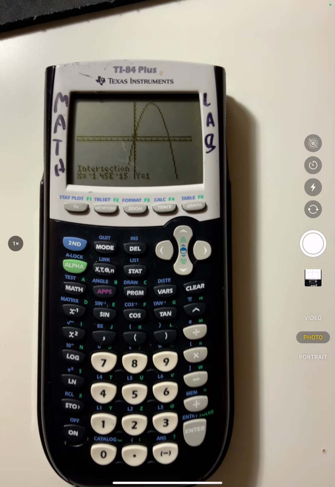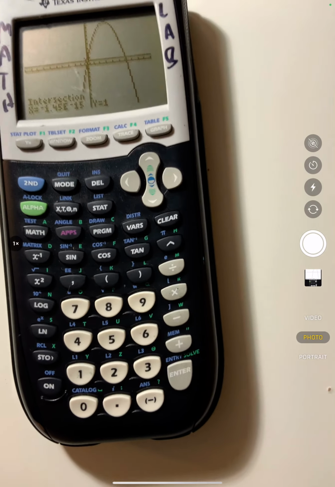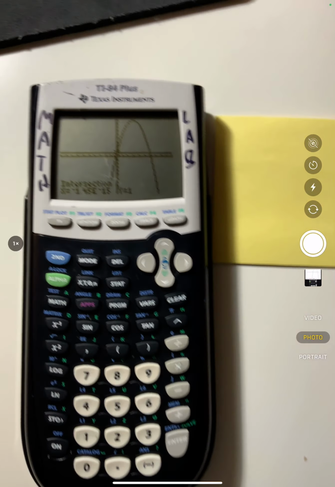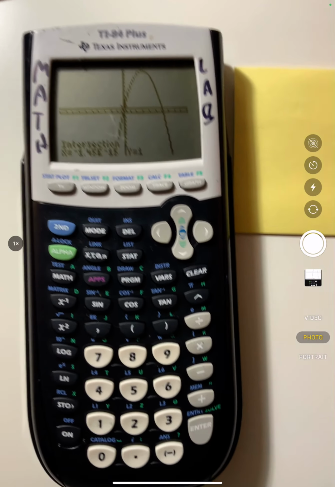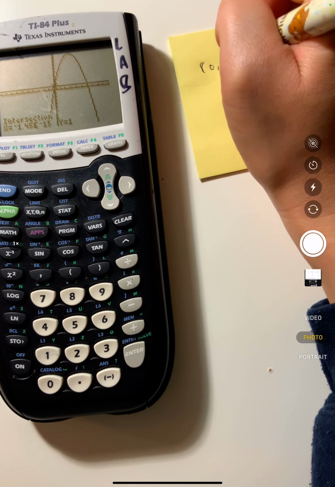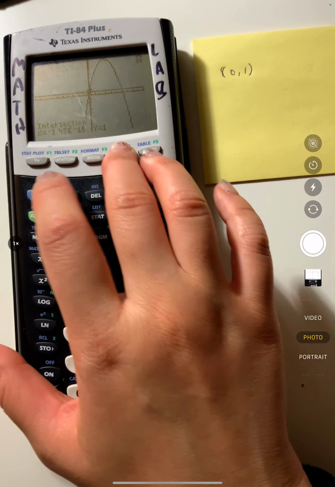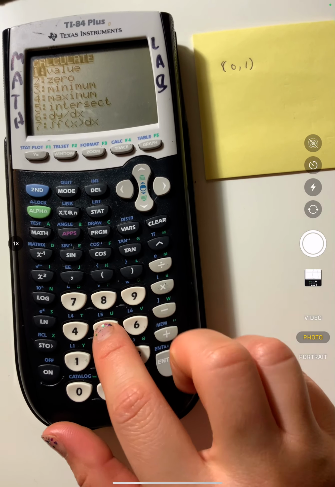So note it, so that we don't forget, I'm going to put it over here. The first intersection point that we have is (0, 1). Okay, let's do the second one. Second, trace, and then intersect, number 5.